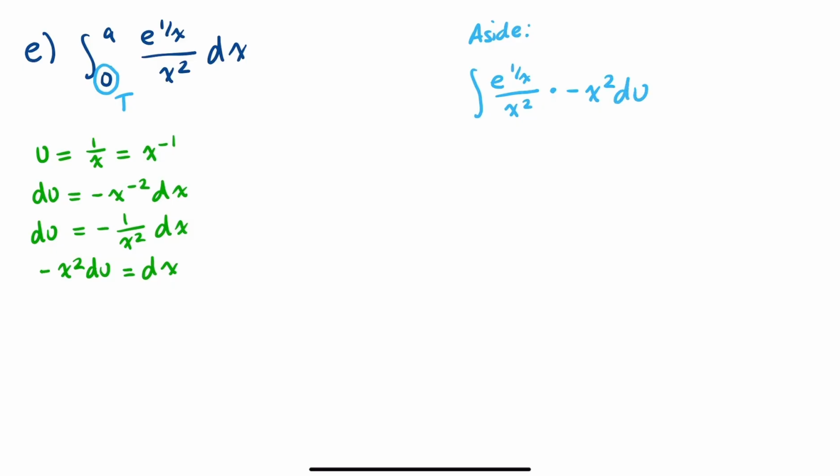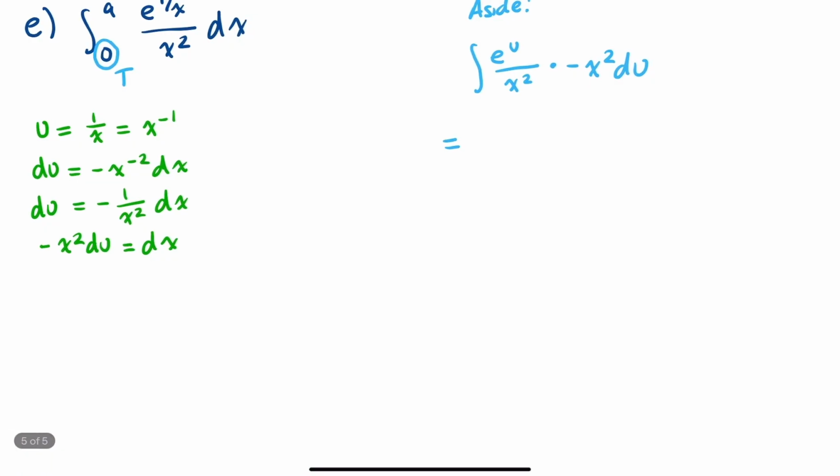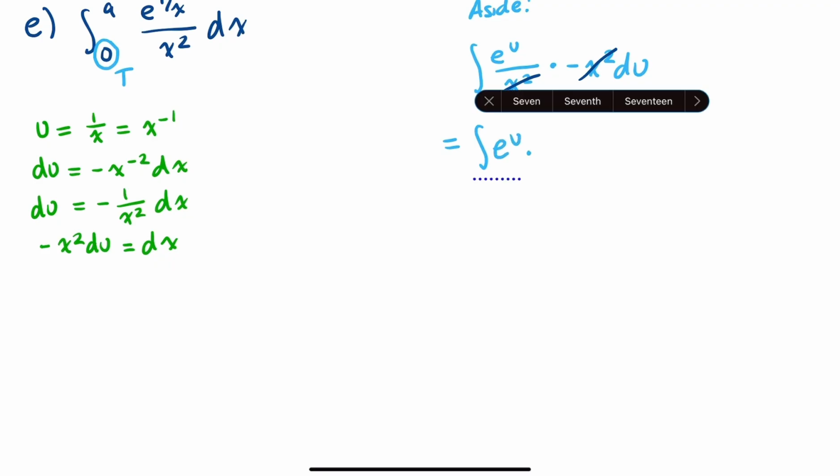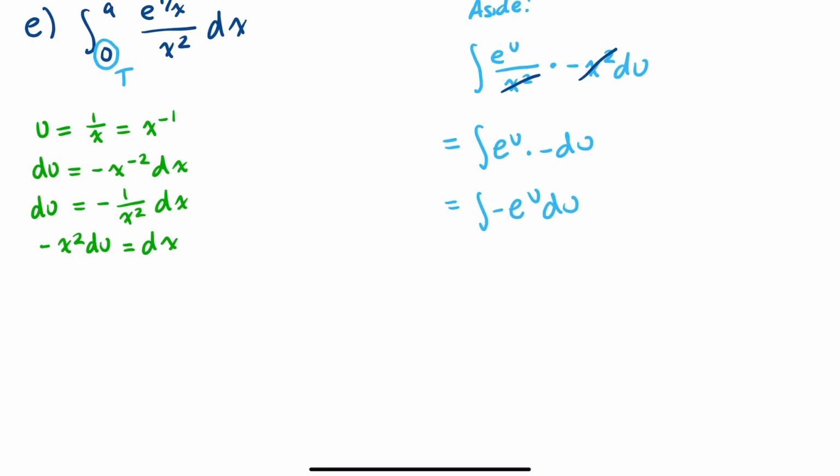And because we said that 1 over x is equal to u, I'll just change that as well. And so this is going to be equal to, we see that the x squareds nicely cancel out, and we're left with the integral of e to the u multiplied by negative du, which is equal to the integral of negative e to the u du.